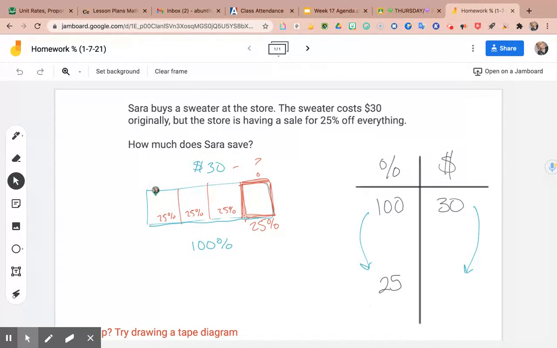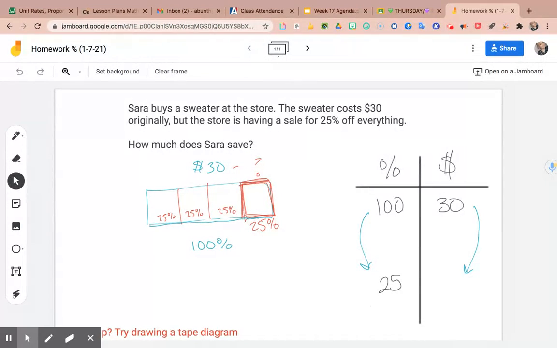So something plus something plus something plus something has to be 30. Has to be the same number. Just like 25 is the same number. And if I add all of these together, I get 100. So I want some number that I can put in each of these boxes that will add to 30. And that will be what's in this box, which is the question mark.